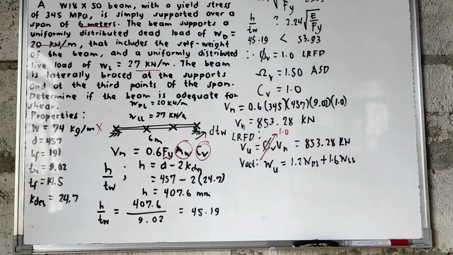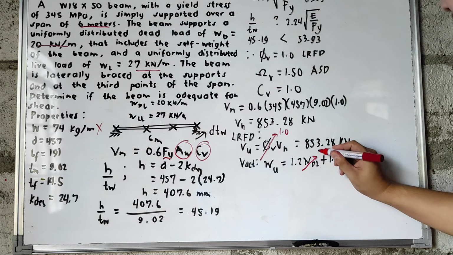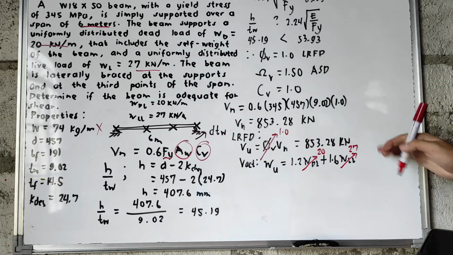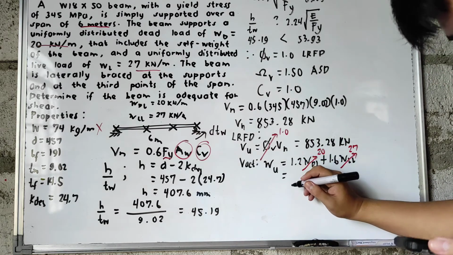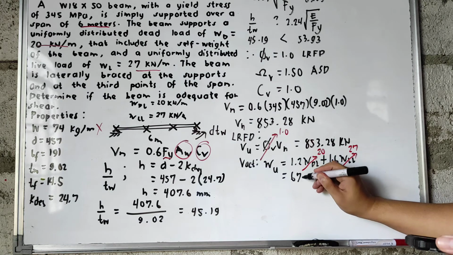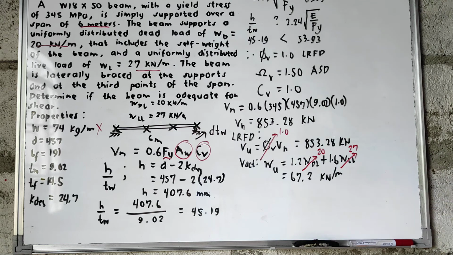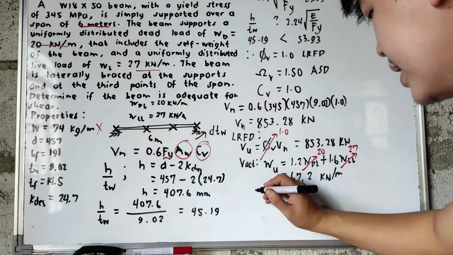So for this one, we have a value of your dead load, which is given sa problem na 20. Live load naman, which is equal to 27. So we have a value of your WU, which is equal to 67.2 kilonewton per meter. So, para malaman natin yung V actual natin, yun yung V max natin.